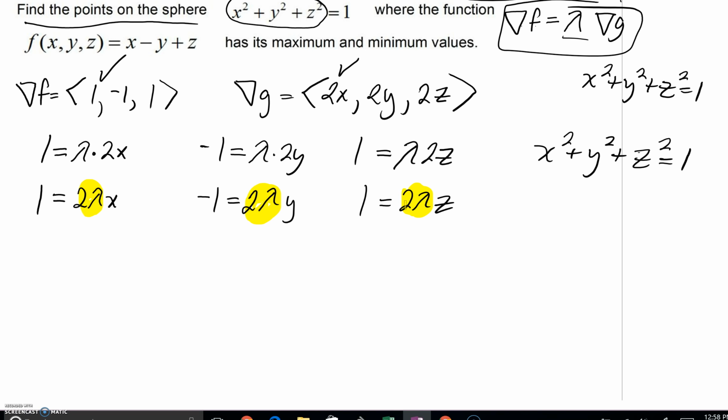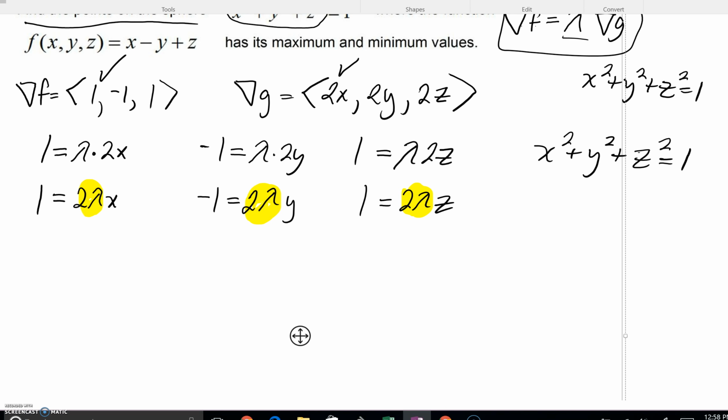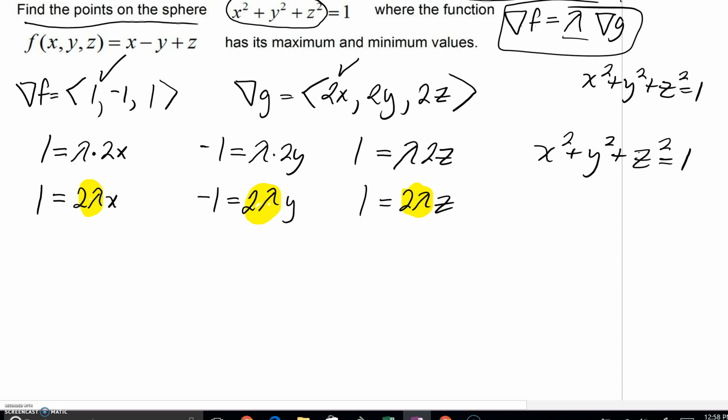In all three of those equations, you're going to see we have a 2 lambda. So I know it's very tempting to solve for lambda itself. I'd actually like to solve this first equation for 2 lambda. You can think, well, why? Well, because that's what I see in my other 2 equations.